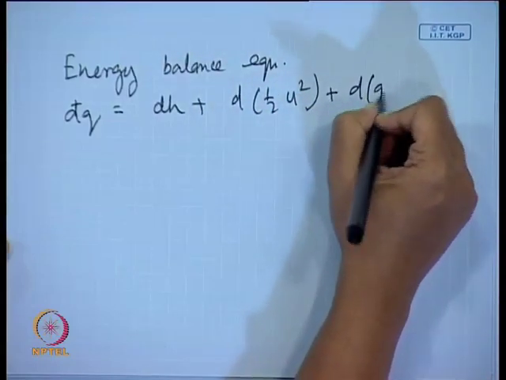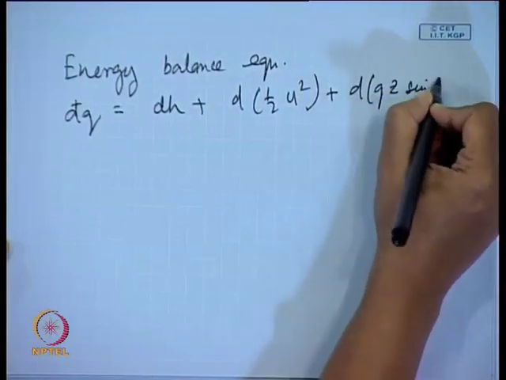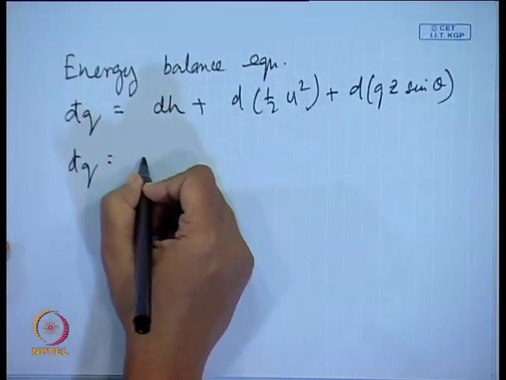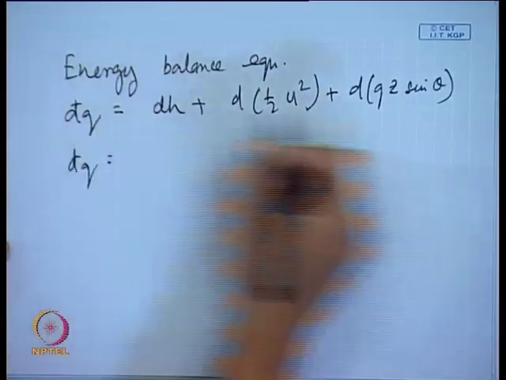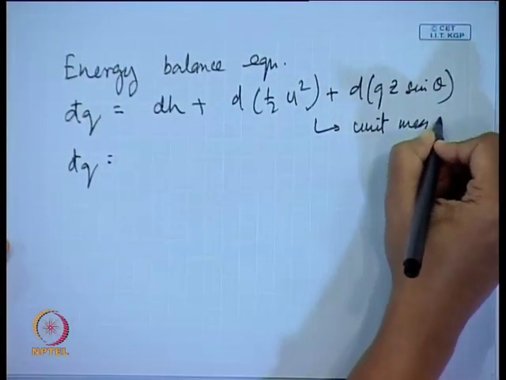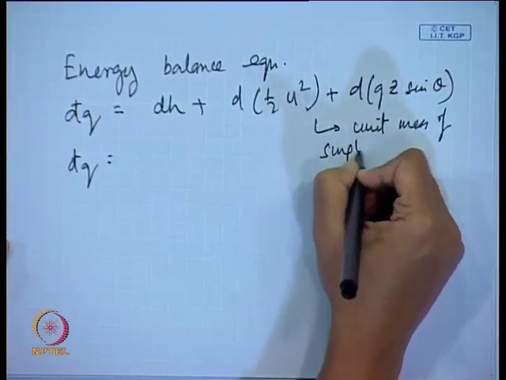In this particular case also it is going to be dq. Suppose this was for unit mass of single phase flow.